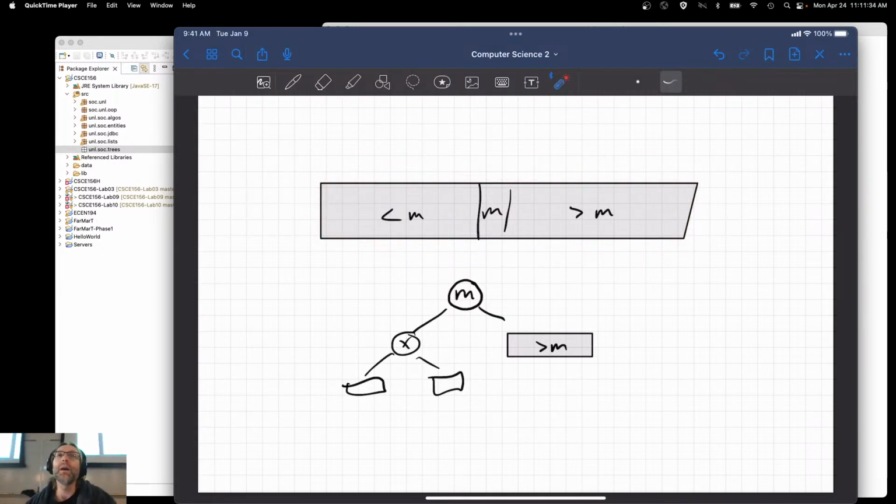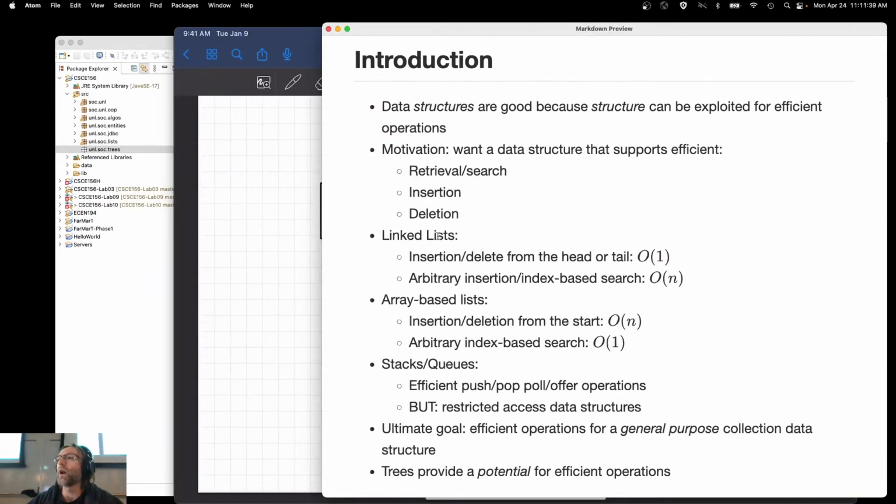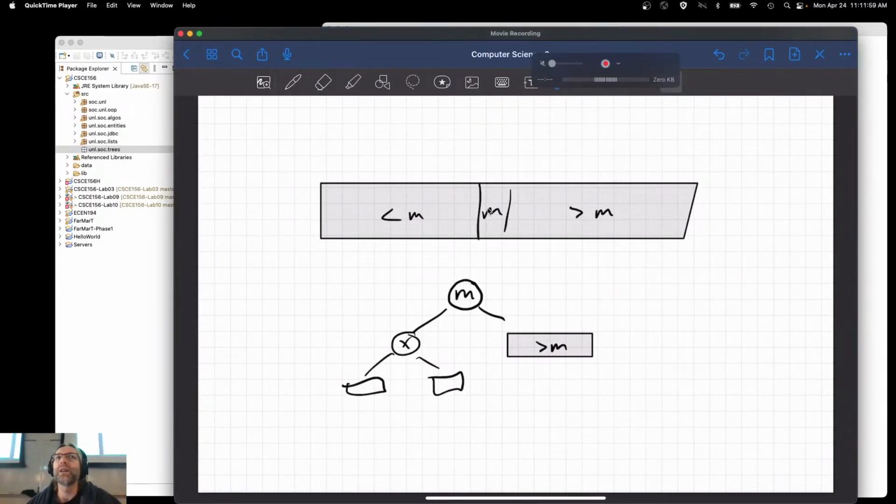In other words, we might be able to get the best of both worlds up here. The things that linked list offered, efficient insert, delete at the head or tail, not exactly constant, but pretty darn close. And then all of the things that were efficient with an array-based list, searching and sorting in order log n instead of linear time here. Right? And that's why we really like these trees here.